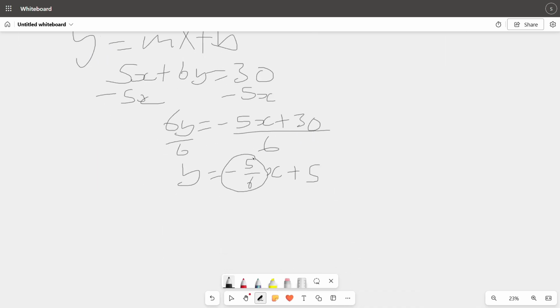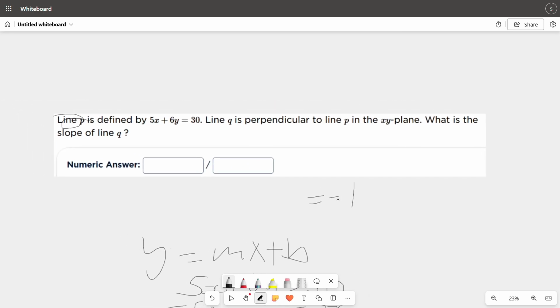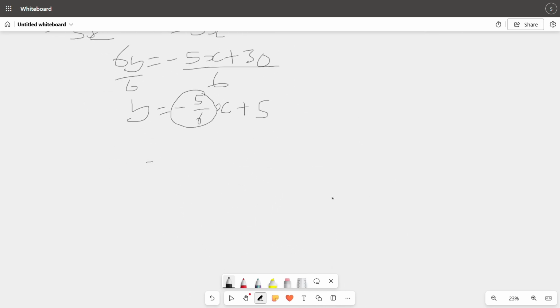And so we know that the slopes multiplied by each other would equal -1. So we have minus 5 over 6 times question mark equals -1. Multiply by 6 on both sides, we get minus 5 times question mark equals -6.